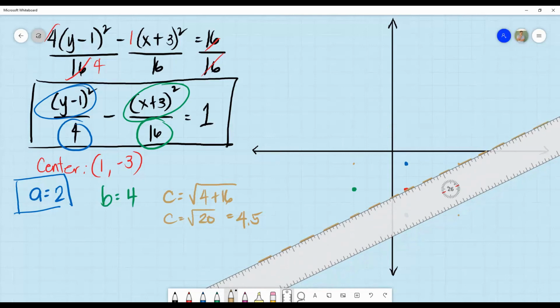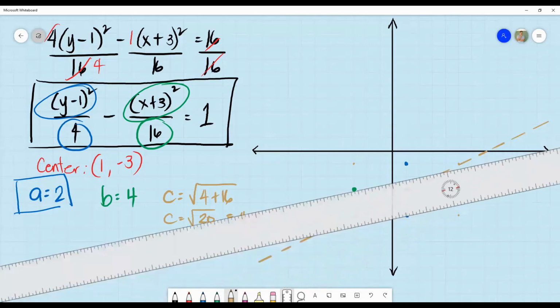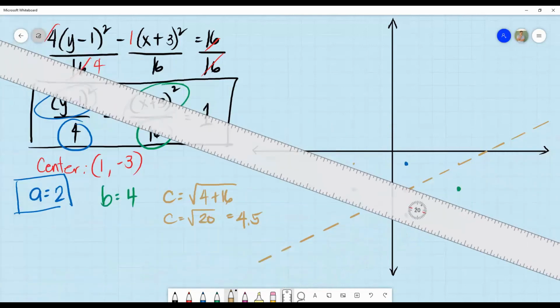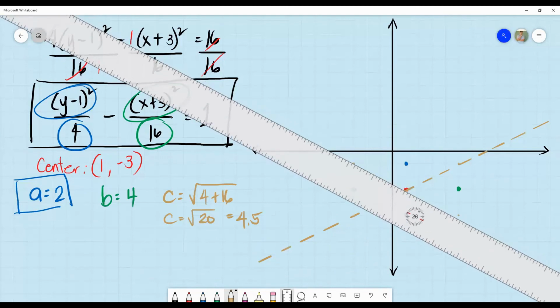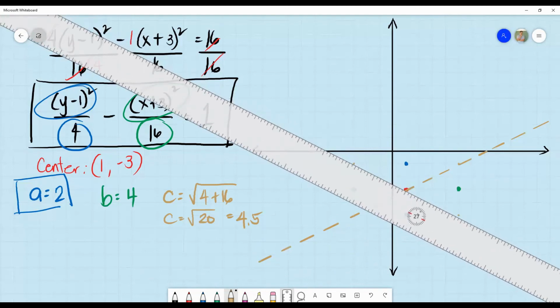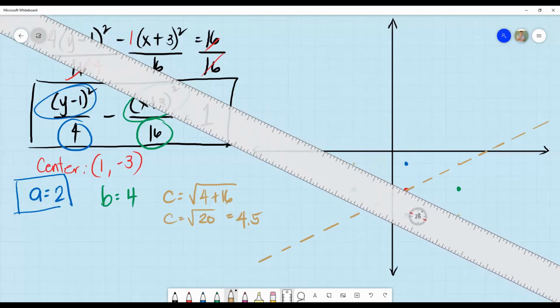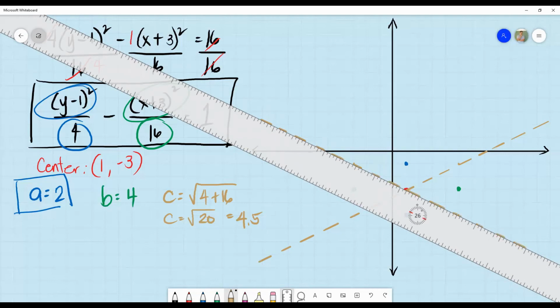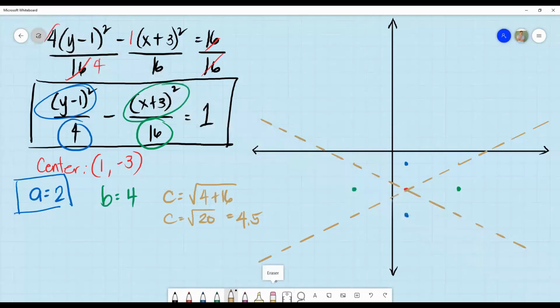And remember, our asymptote guides us in drawing our hyperbola, because the graph of our hyperbola should never touch our asymptote. So to continue, this is now the other graph of the asymptote. Okay, that's it. Now that we have our asymptotes, let's identify their equations.